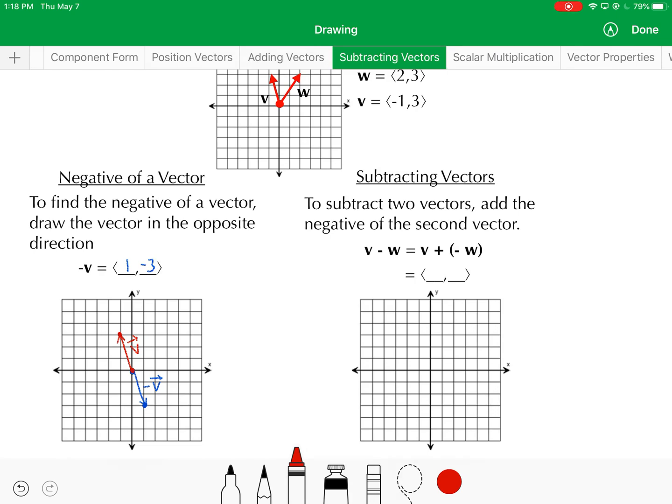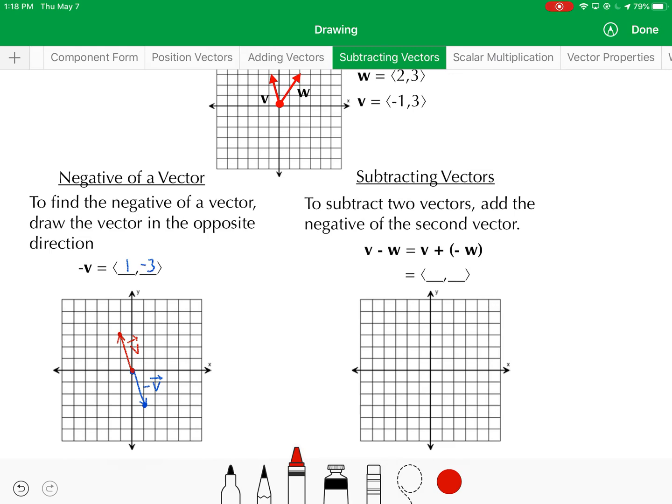Okay, so to subtract 2 vectors, you're actually going to be adding the negative of the second vector. So if I want to find vector V subtracted by vector W, that would be the same as if I took vector V and added the negative of vector W.